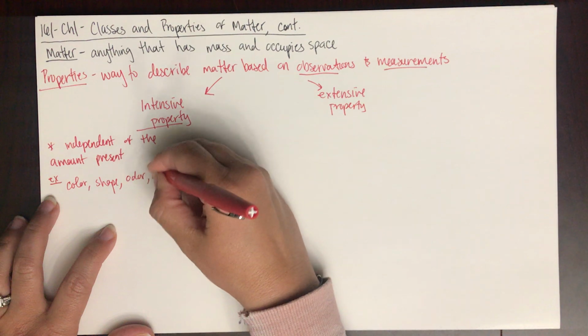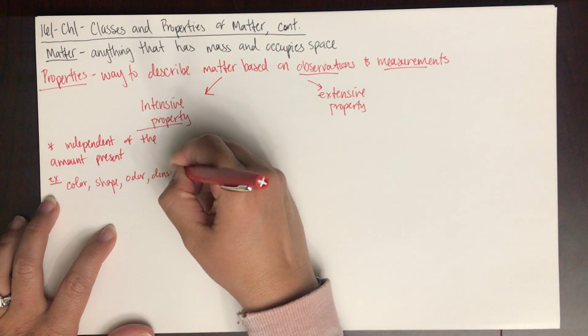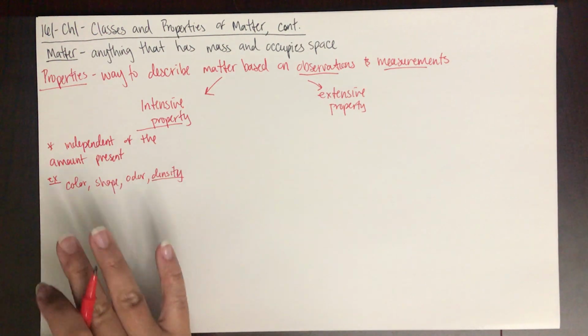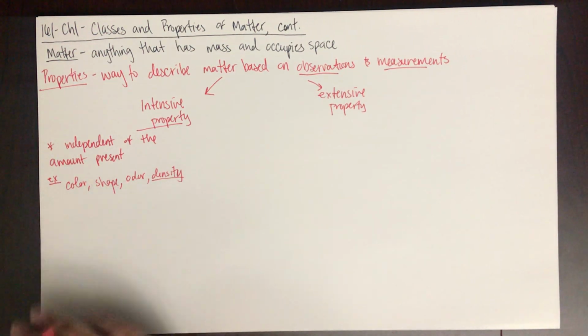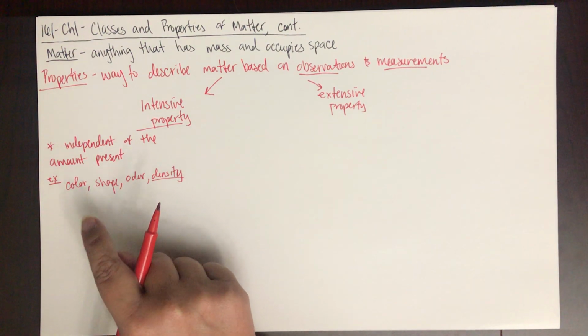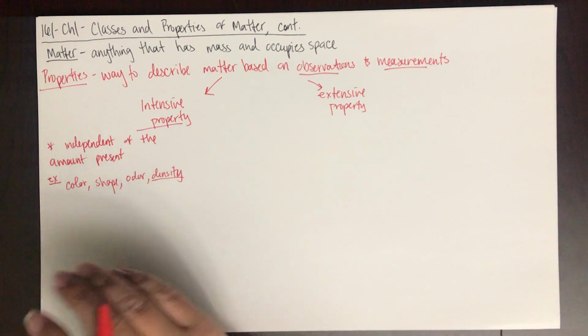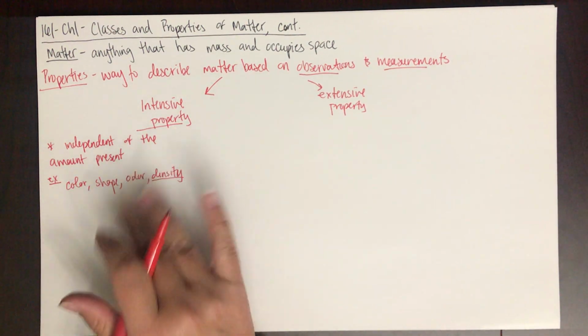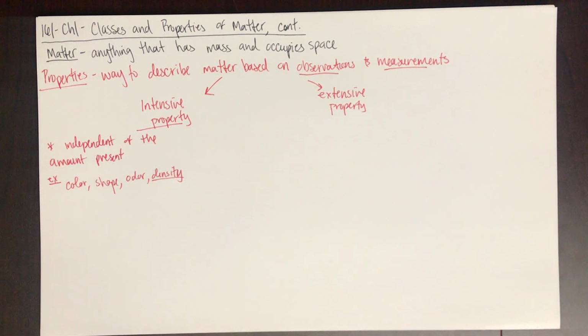Density is something that we haven't talked about yet, but we're going to come back to. It doesn't matter if you have 1 gram of it or 100 grams of it, the intensive property is the same. If you have 1 gram of blue powder, it's blue if you have 1 gram of it or 100 grams of it. It doesn't change based on the amount.